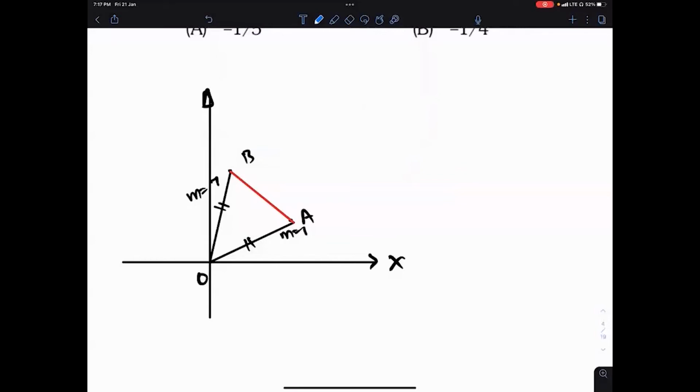Two methods are there. First, method number 1, fairly simple. Slope of AB, since we don't know it, and surely from the figure we can say it is negative. Let's say the slope of AB is m. Now, since these two lengths, OA and OB, are equal, it is an isosceles triangle. These two thetas must be equal.